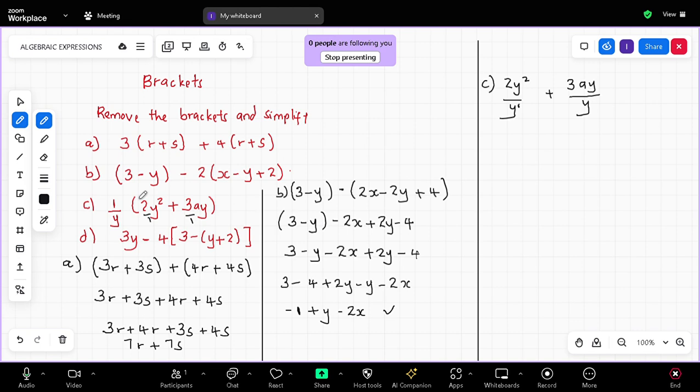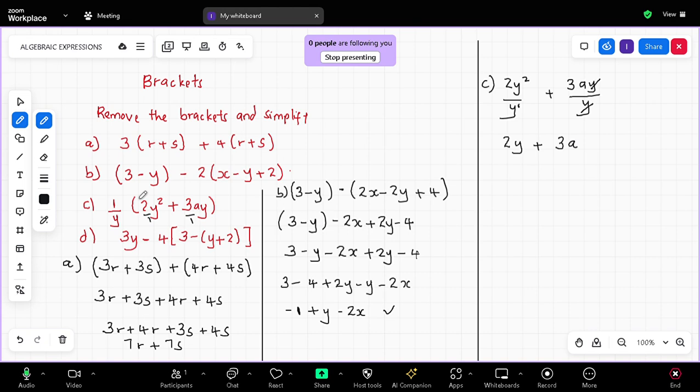So 2y squared divided by y, we have 2y remaining in the numerator. Then plus this y simplifies this y, 3a. And that's the answer. As simple as that.